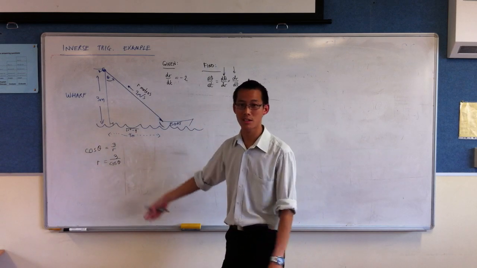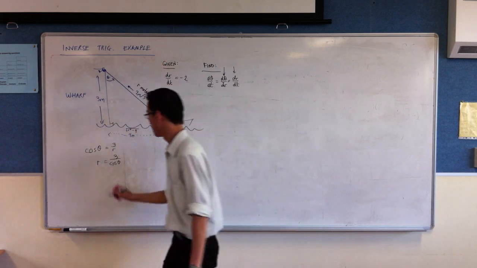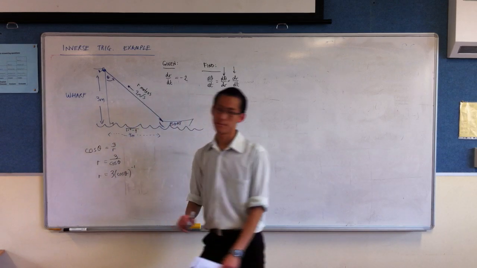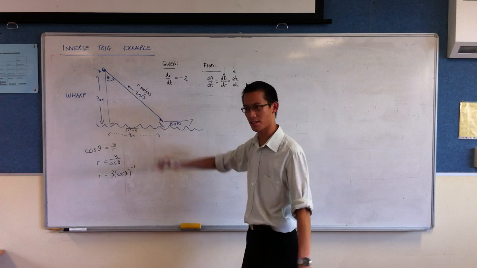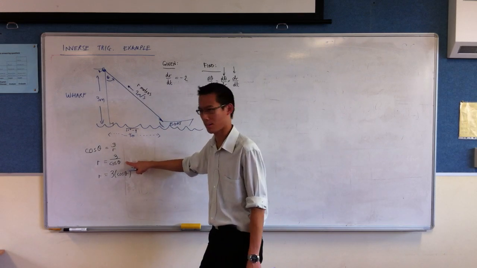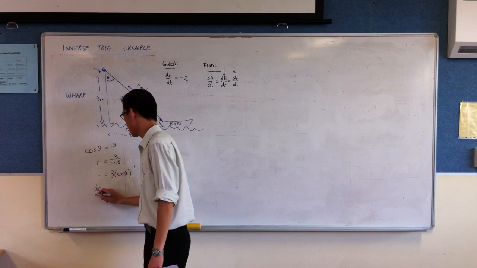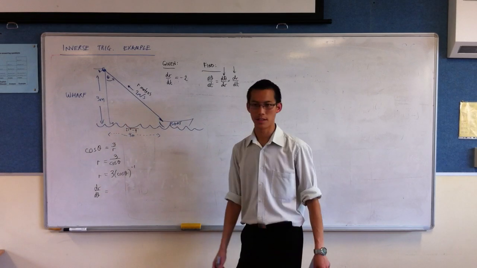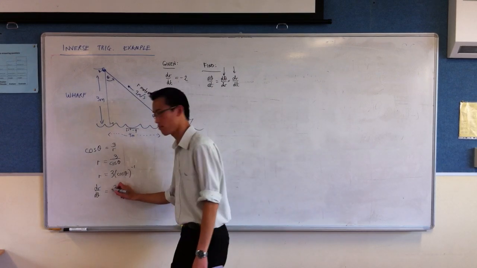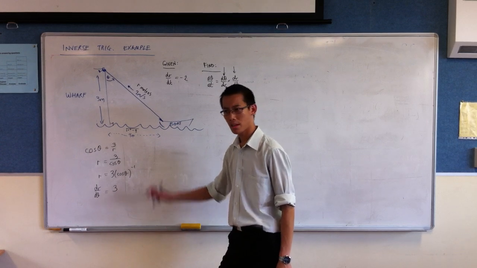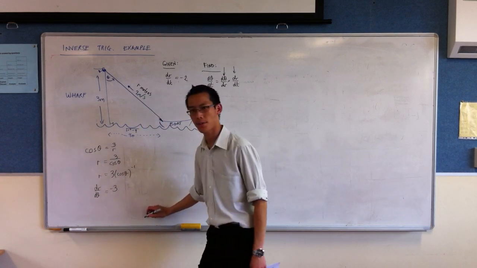I'm going to treat this as 3 cos theta to the power minus 1. So when I differentiate this, chain rule, yeah. I prefer chain rule to quotient rule because I don't like the quotient rule. So dr on d theta is equal to, what's my first step? I'll just whack the 3 down. Is that okay? Now what? Power down, so minus out the front.